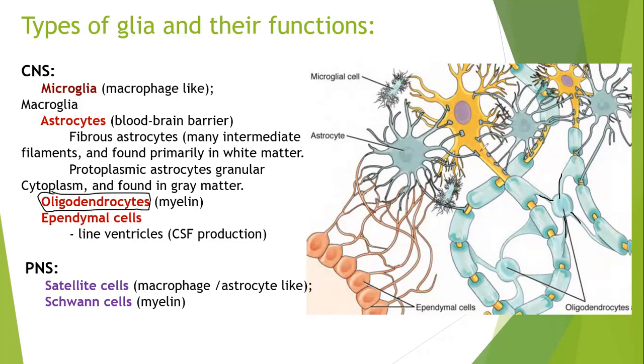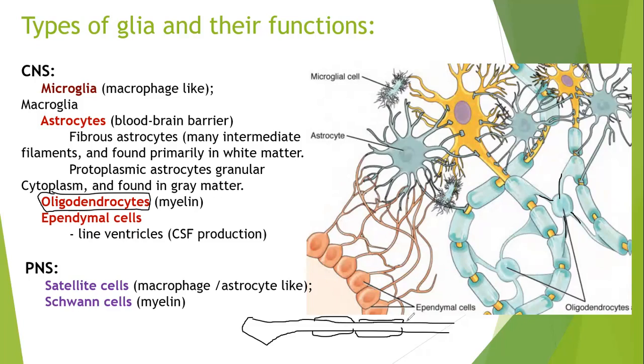So if I was looking at a neuron in the peripheral nervous system, I am going to have the axon, and within that axon, I will have a single Schwann cell wrapping around one area. Then next to it, I will have another single Schwann cell wrapping around that area.